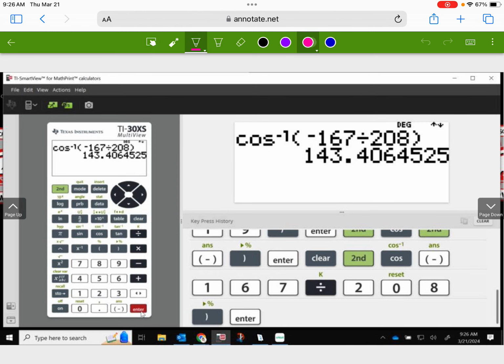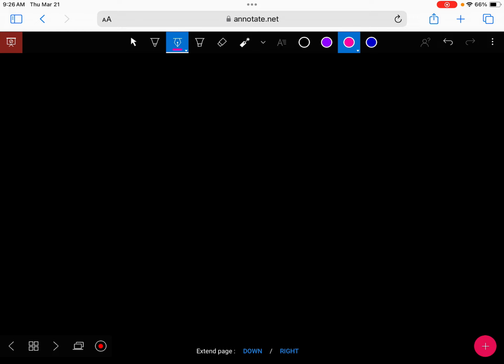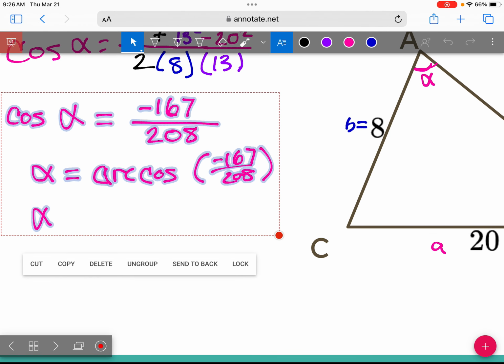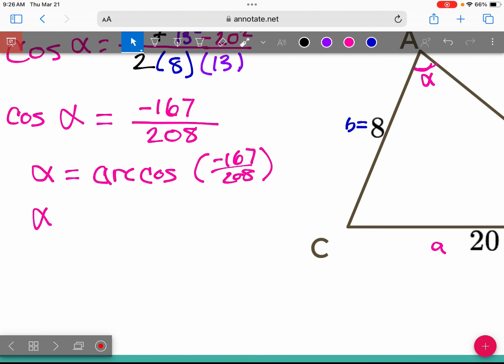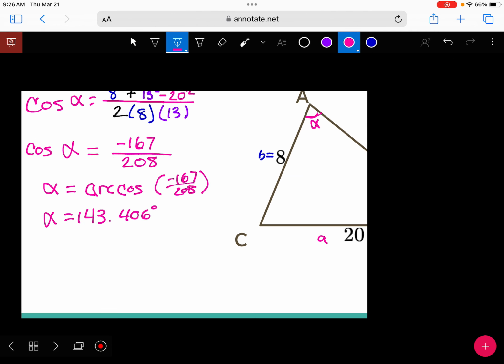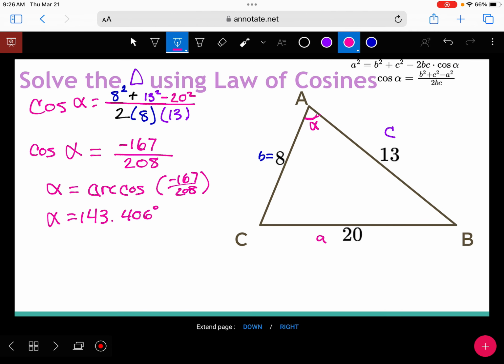And we get that our angle alpha is going to be 143.406 degrees. So I have this angle significantly too acute, but that's okay. It doesn't have to be to scale.